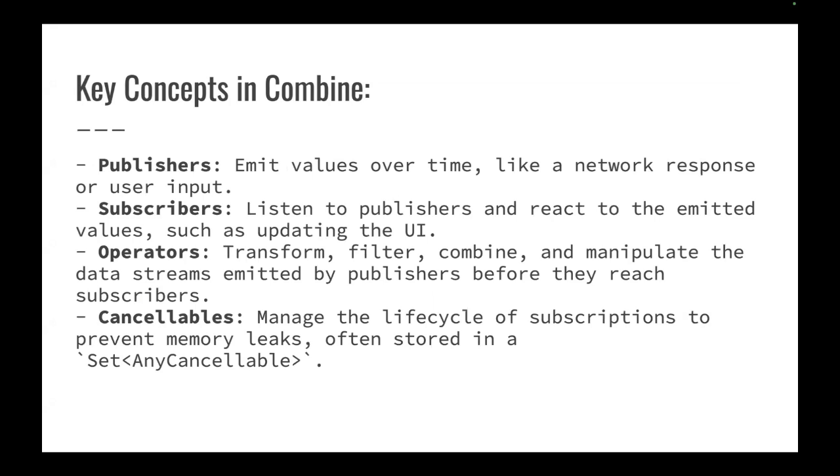Operators do things on those, like transform, filter, manipulate those data streams. And cancellables manage the life cycle of the subscription and prevent memory leaks. This is one of the things that makes Combine superior to escaping closures, because there aren't as many issues with memory leaks and retain cycles because of cancellables.